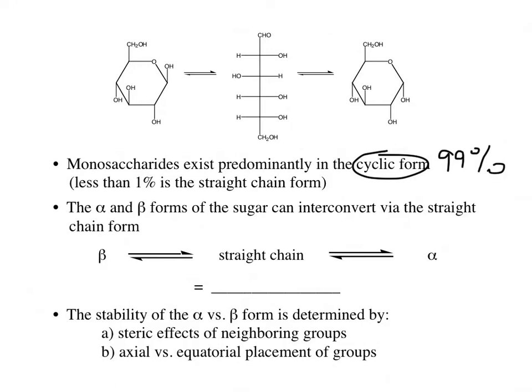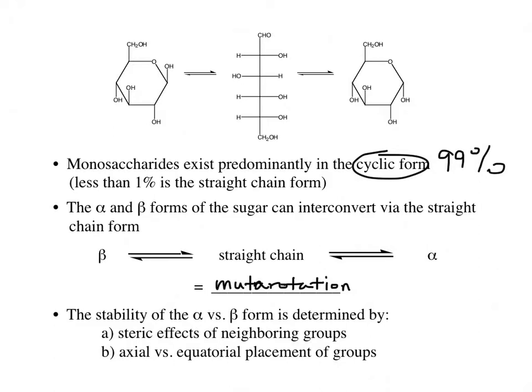And that process, that interconversion between the alpha and the beta, going back and forth, is called mutarotation. So we can talk about sugars mutarotating, going alpha to beta, beta to alpha, back and forth.